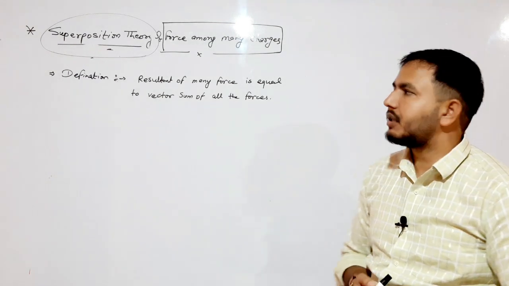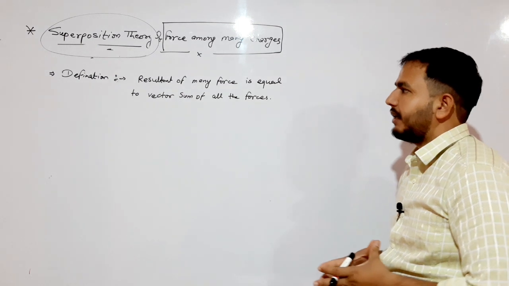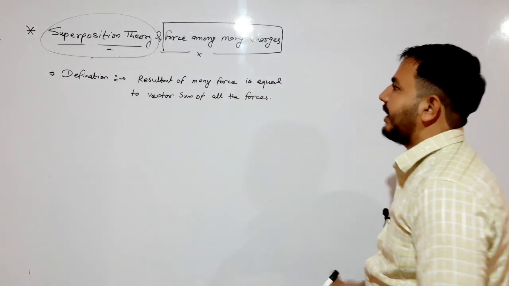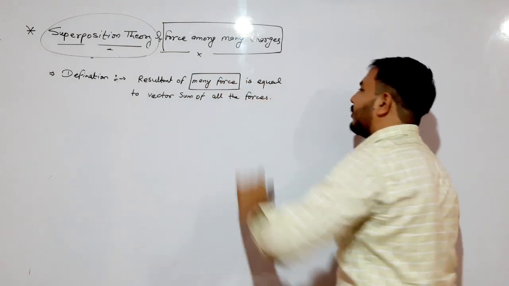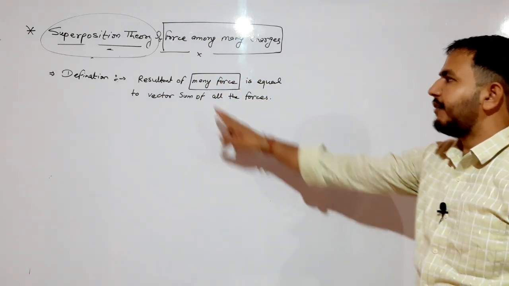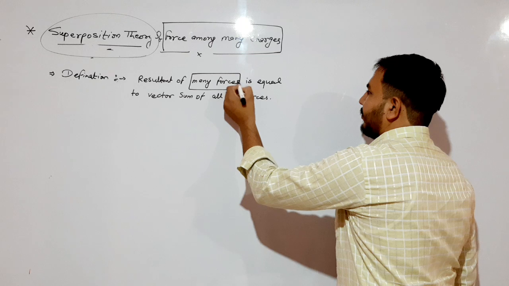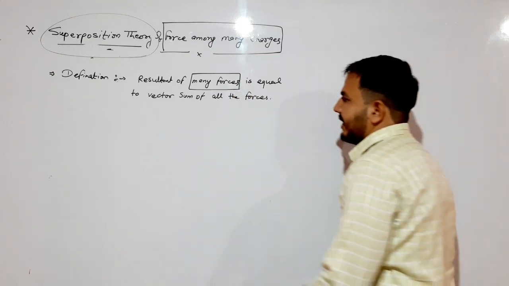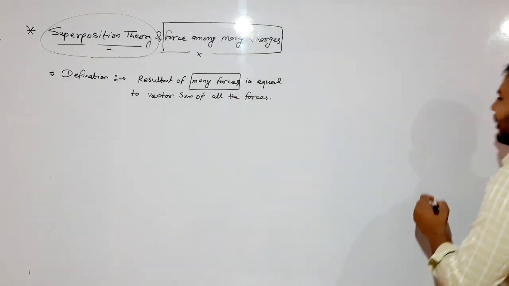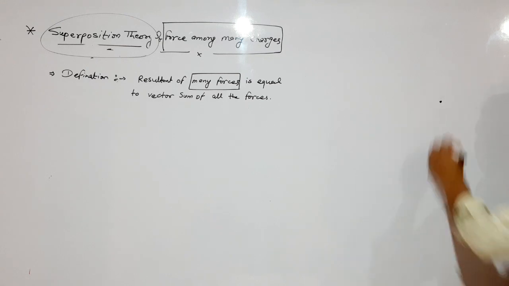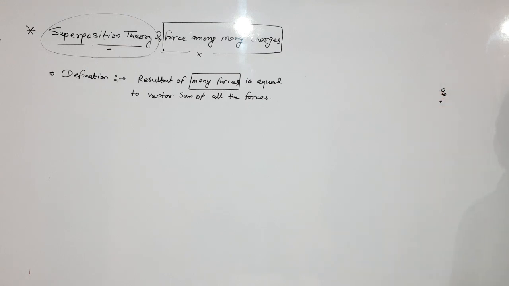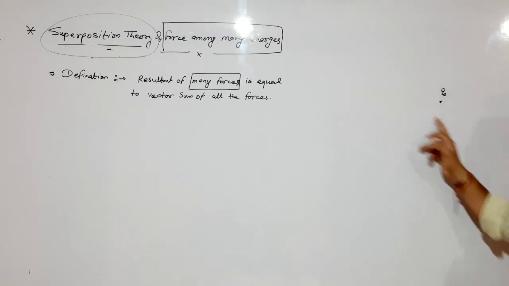This is the simple definition to represent the superposition theory, but these simple words have a fine explanation. Firstly, we understand the meaning of all the words. Many forces. Let us consider that this is a point on which Q naught is the charge present. So this is a point charge.